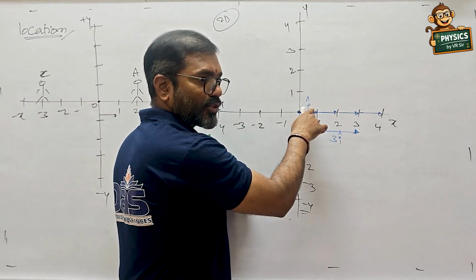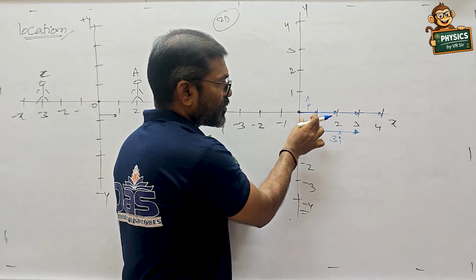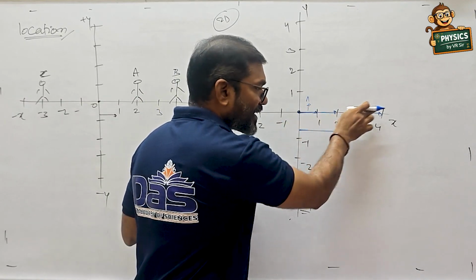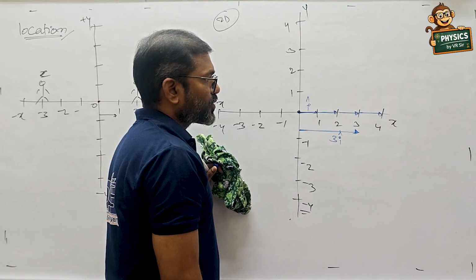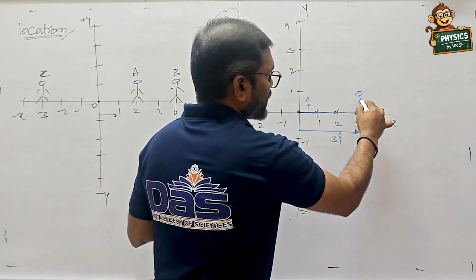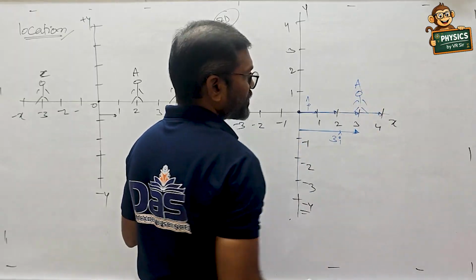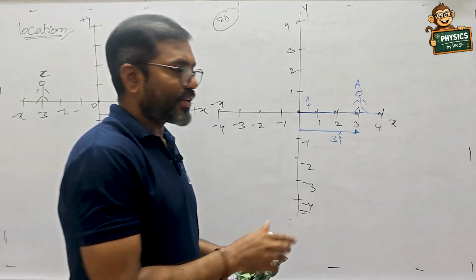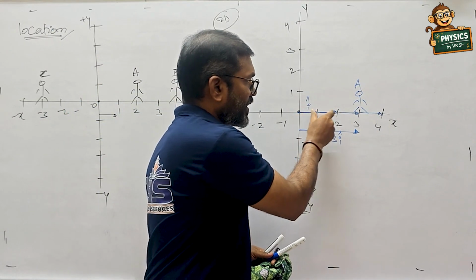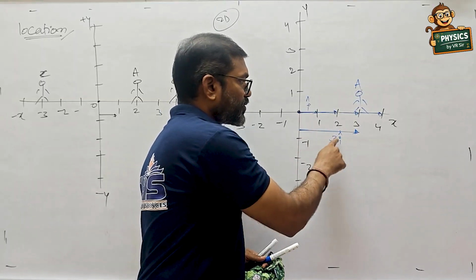This i cap is a reference we take to represent the amount of a particular length and also the direction. So the position of A is 3 units along the positive x direction.